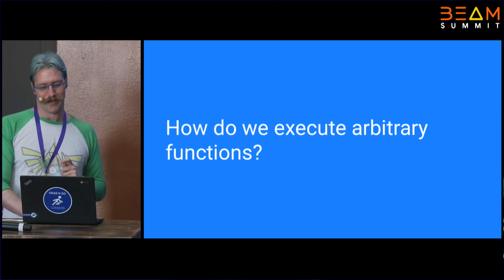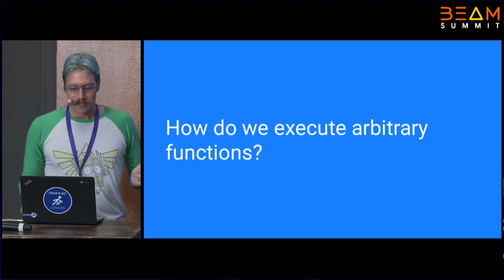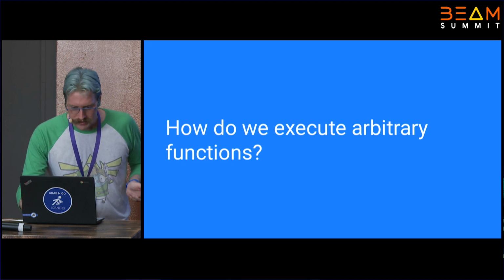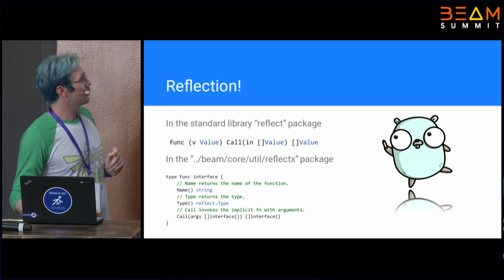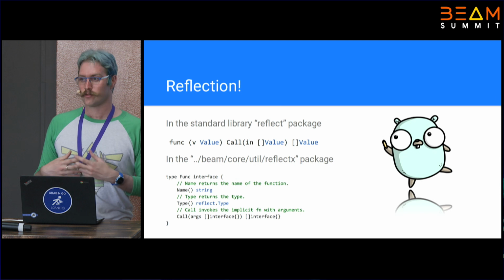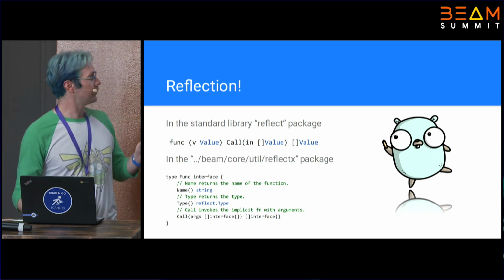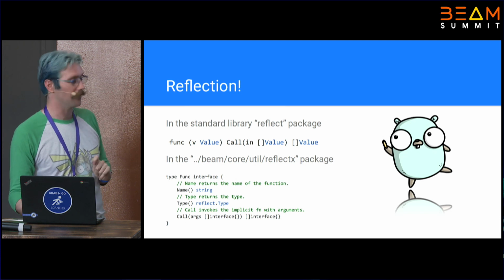Now is how we actually execute arbitrary functions. So the answer, of course, is just reflection. By default, if you don't do anything else, we use the reflect package, and it's the reflect.Value Call method, which I've got the type signature up there.